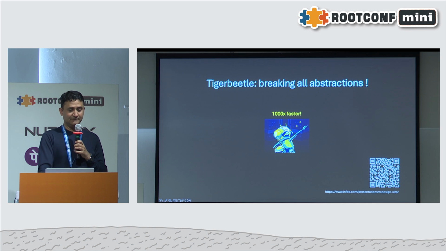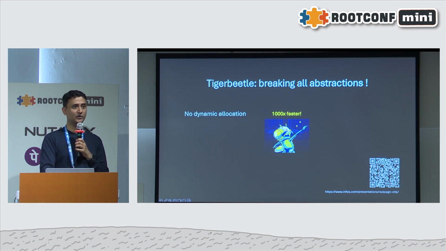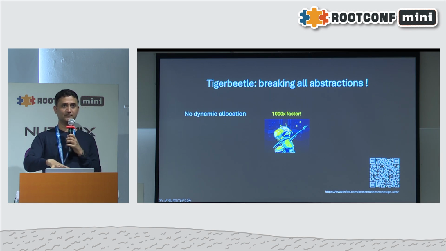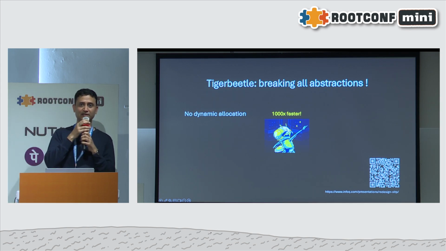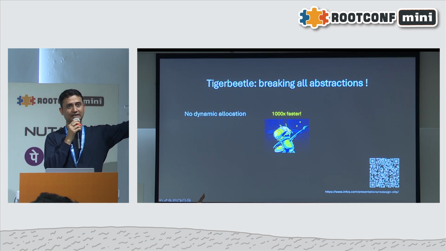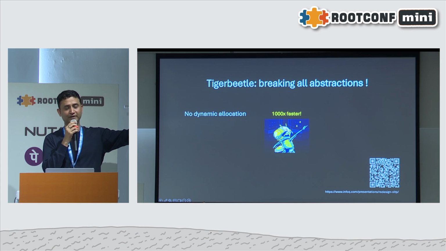And I thought talking about them would be relevant in this session. Obviously, one of the reasons is no dynamic allocation. Okay, we've talked about cost of memory, etc. That's not the only reason why I'm talking about Tiger Beetle. Well, they definitely do memory stuff, things related to a higher cost of main memory access by not doing dynamic allocation altogether.